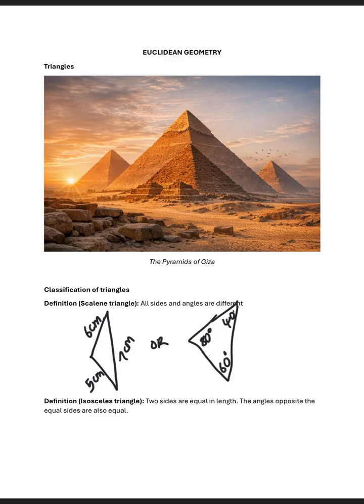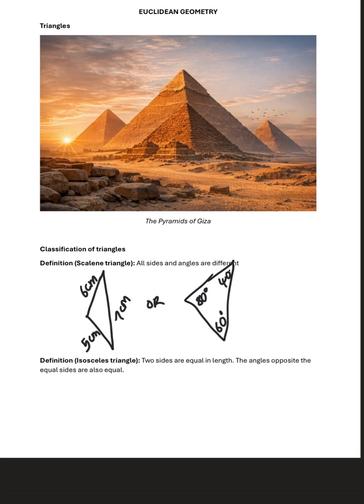And then the second one is an isosceles triangle. An isosceles triangle is a triangle where 2 sides are equal in length and the angles opposite the equal sides are equal. So you'll have a triangle like this, and then this side and this side are equal.